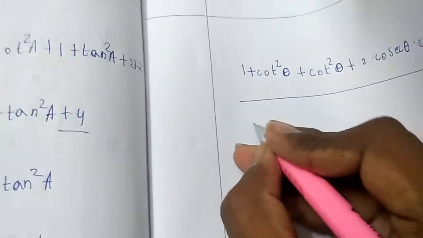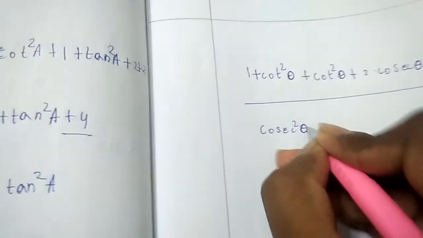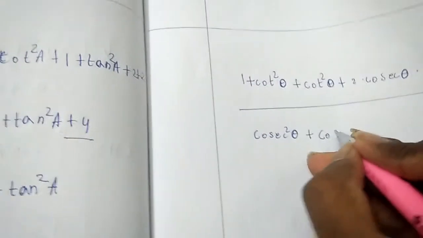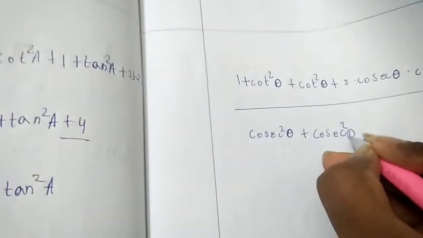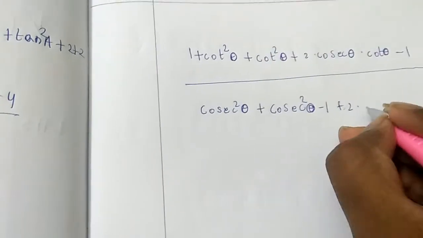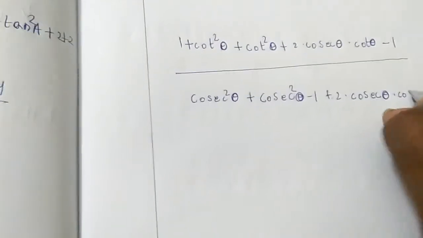Write cosec square theta normally the same. Change cot square theta as cosec square theta minus 1 plus 2 into cosec theta into cot theta plus 1.